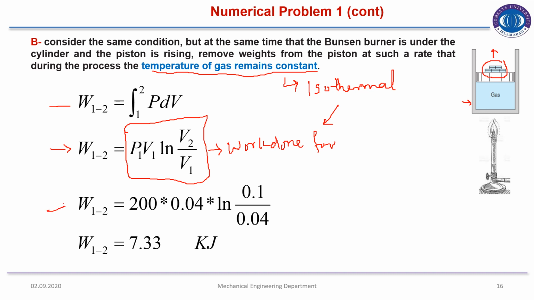So we just have to insert the values from the problem statement. Initial pressure is 200 kilopascal. Initial volume is 0.04 meter cube. Natural log V2 over V1, final volume is 0.1 and the initial is 0.04. So the work done for isothermal process is 7.33 kilojoules.